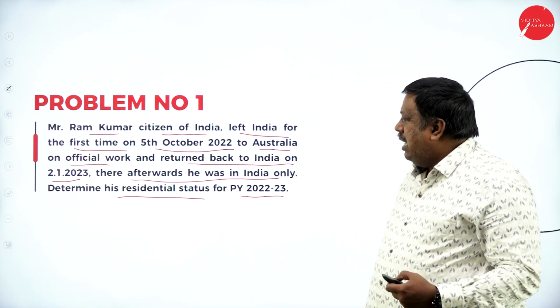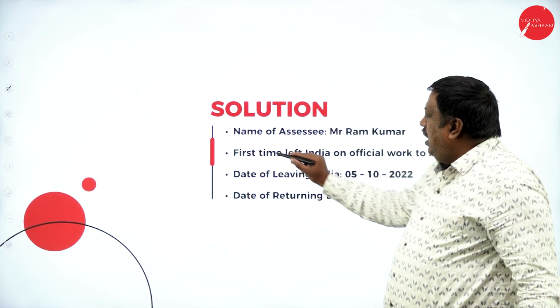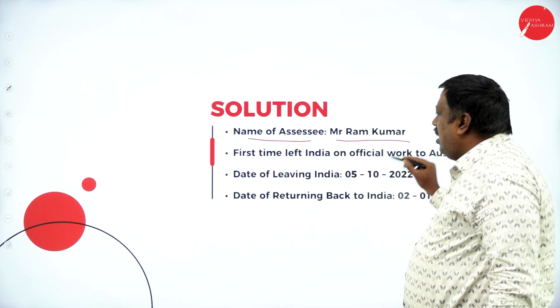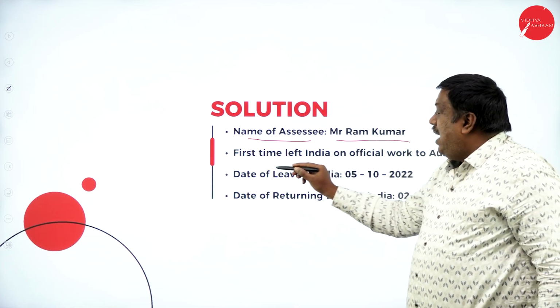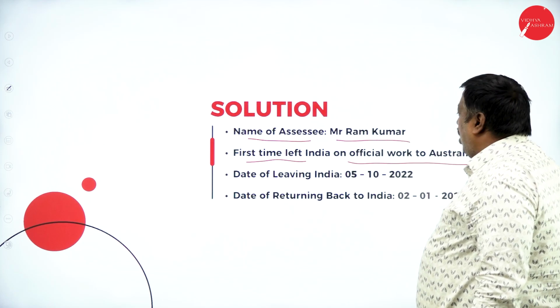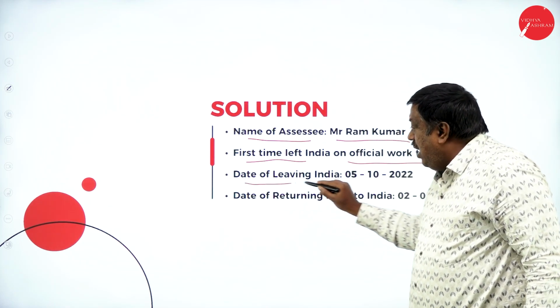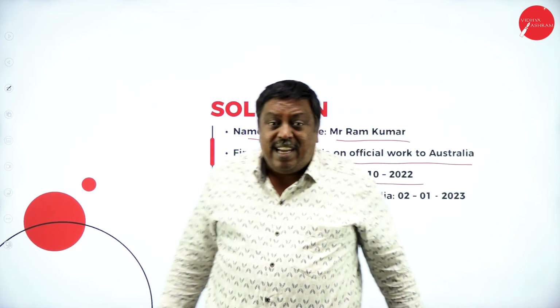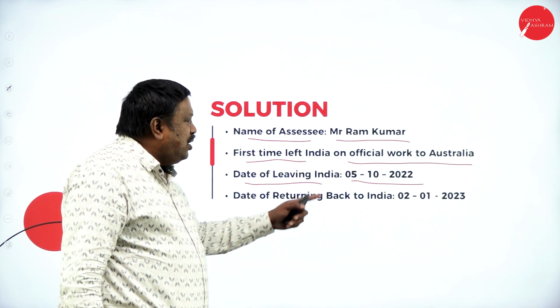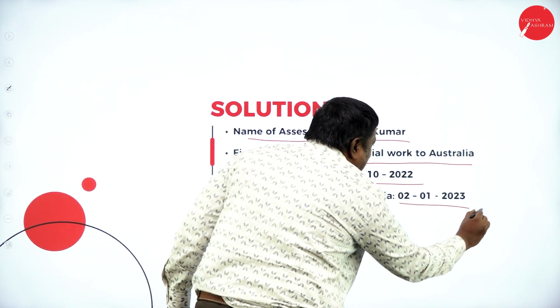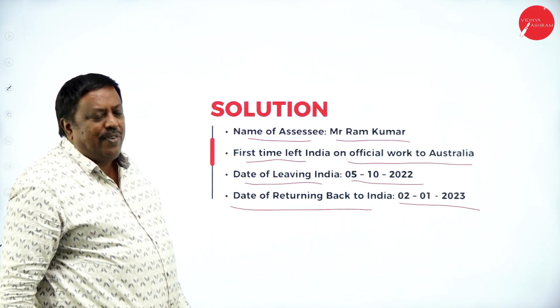I'm Ram Kumar here. First, we have to write the name of the assessee, Mr. Ram Kumar. He left India for the first time on official work, went to Australia, on 5th October 2022. And he returned to India on 2nd January 2023.